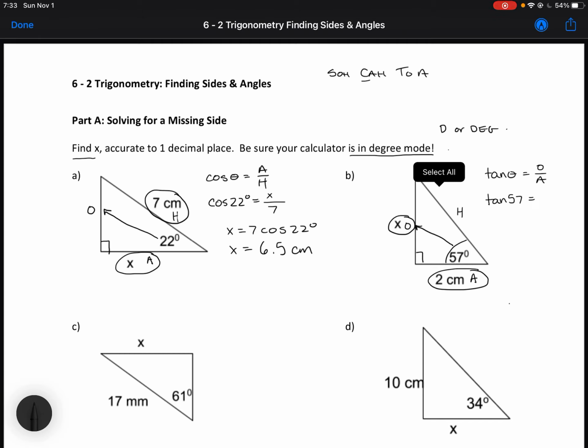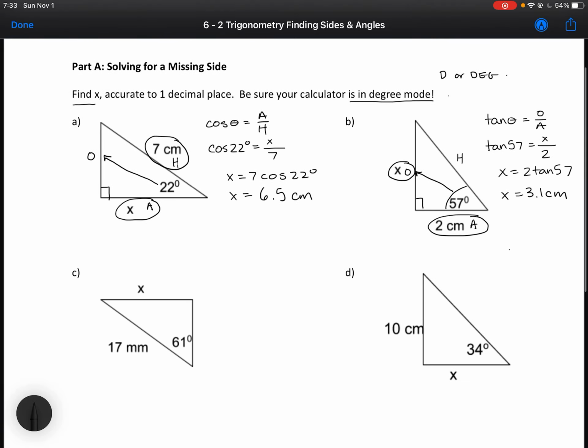Filling in what we know, tan 57 is our opposite side over our adjacent side. Multiplying again both sides by 2 gives us 2 tan 57, which gives us a side length of 3.1 centimeters.